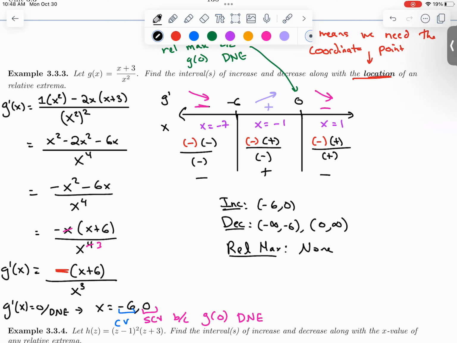And then a relative minimum occurs at x equals -6, but we need to find g of -6 because we're looking for the location. So g of -6 is going to be -6 plus 3 over -6 squared. That will be -3 over 36, which is -1/12.